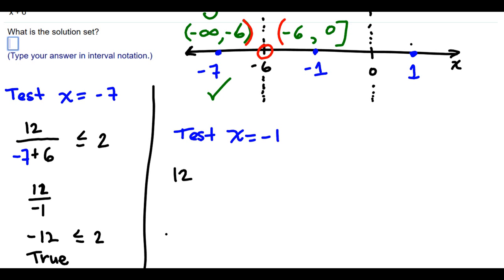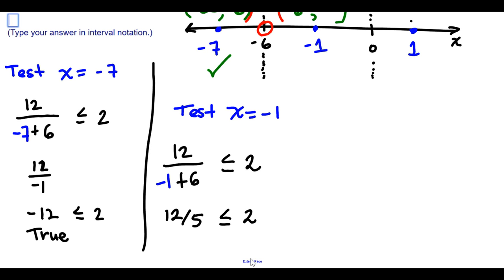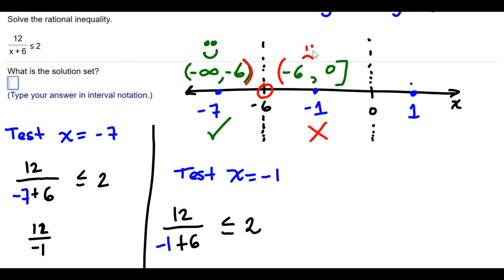Again, starting with that original inequality, plugging in -1 and simplifying, I have 12 over 5, which is actually not less than or equal to 2. 5 goes into 12 more than 2 times. So this inequality is false when I use x equals -1. So no good here, right?